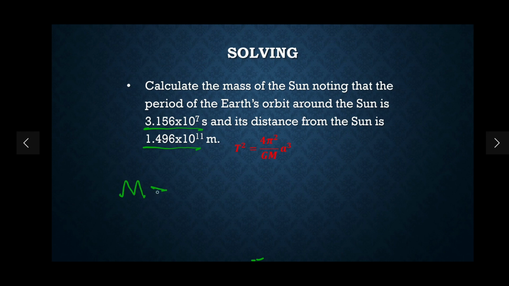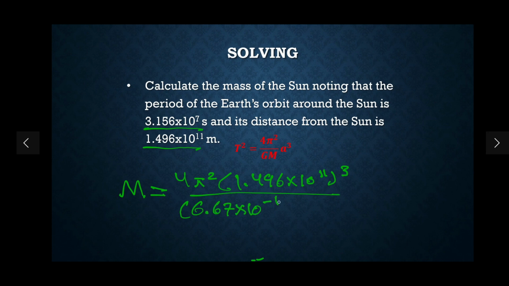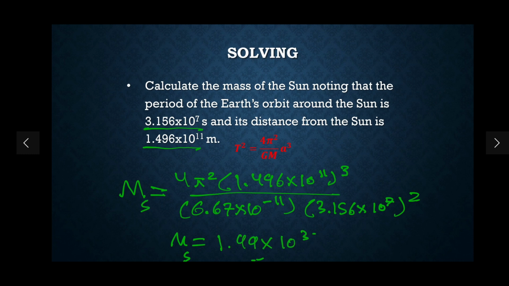Substituting this in the equation, M equals 4 pi squared times the distance 1.496 times 10 to the 11 cubed, over G, the universal gravitational constant, times the period, 3.156 times 10 to the 7, squared. The mass of the Sun turns out to be 1.99 times 10 to the 30 kilograms.